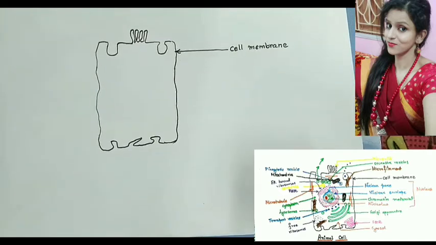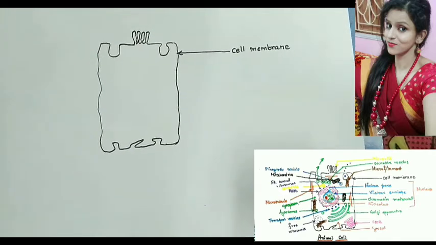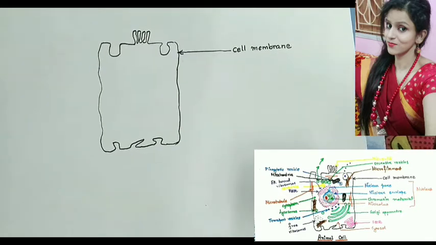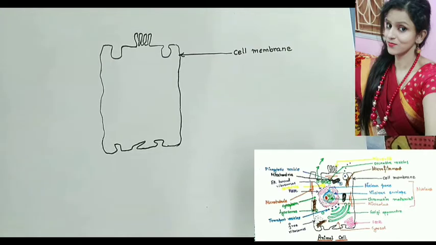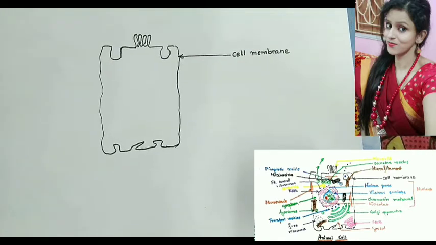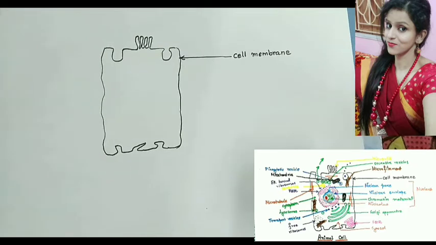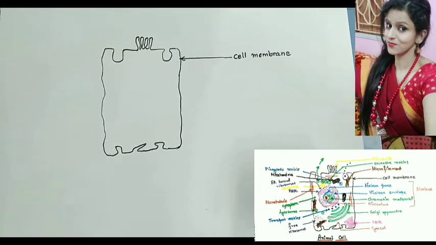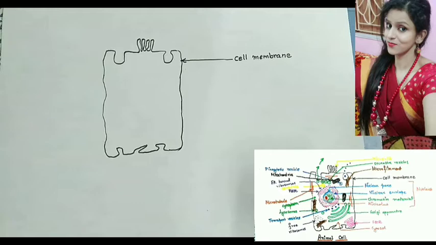Now let me tell you one thing, that this cell membrane was actually discovered by Swiss botanists in 1855. In order to remember the names of the two botanists, from the word cell you get a C word, isn't it?